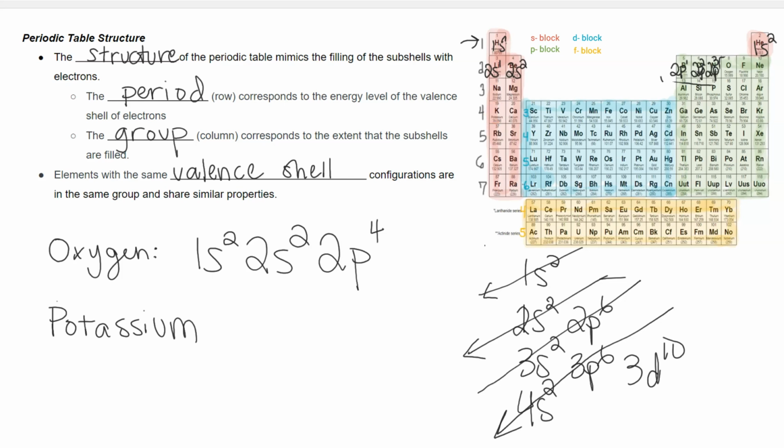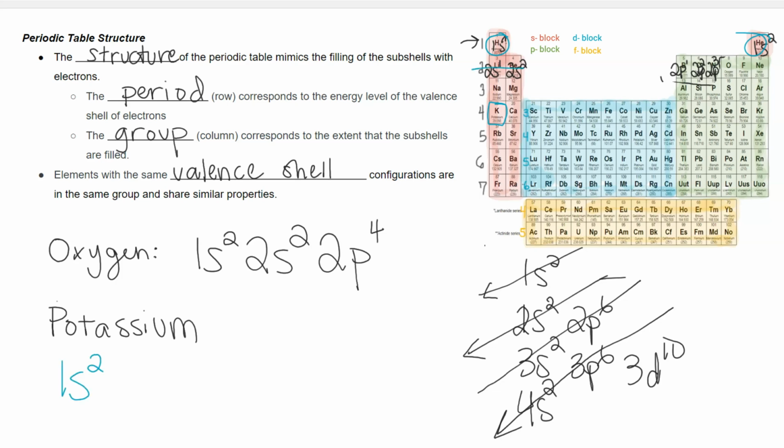So just to recap, we'll write 1s2, then 2s2, then 2p6, 3s2, 3p6, 4s1 is where we'll end. So let's go ahead and write all that out. All we're doing here is writing everything out until we get to potassium. So we'll start with 1s2. Let's write that down. 1s2.